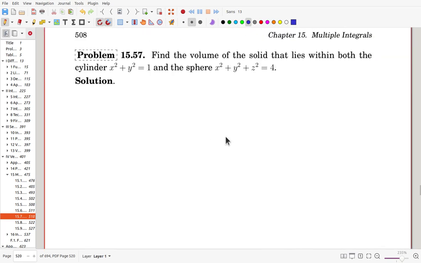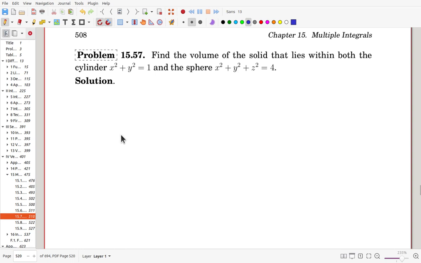Find the volume of the solid that lies within both the cylinder and the sphere x squared plus y squared plus z squared equals 4. This is a sphere of radius 2, and that is a cylinder whose cross section is a circle of radius 1.